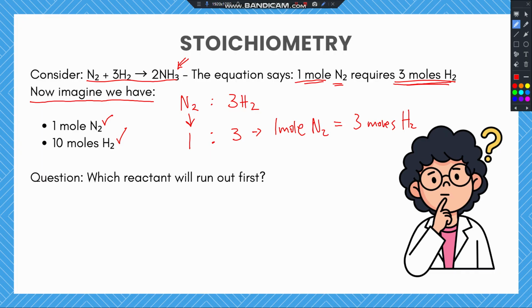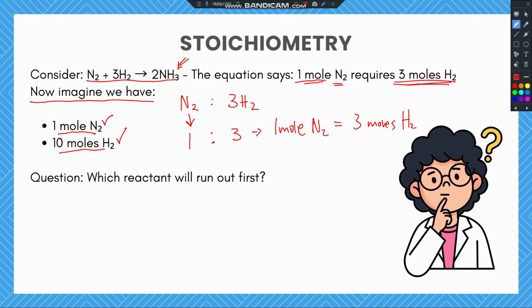Now, when the reaction wants to happen, imagine we have 1 mole of nitrogen and 10 moles of hydrogen available. The question is which reactant will run out first? Well, the easy thing to do would just simply be to assume that there is one of the reactants that we do not know is available, so we can obtain the number of moles that we need and then we compare it.